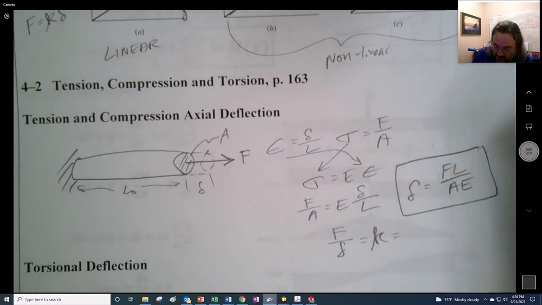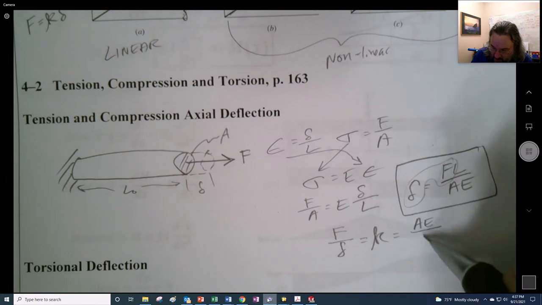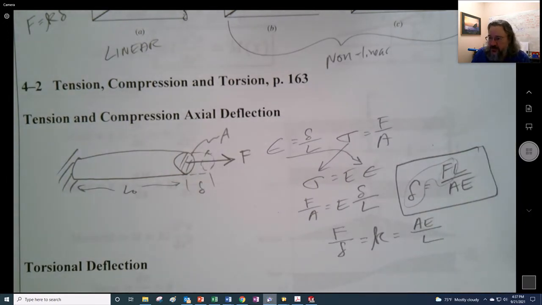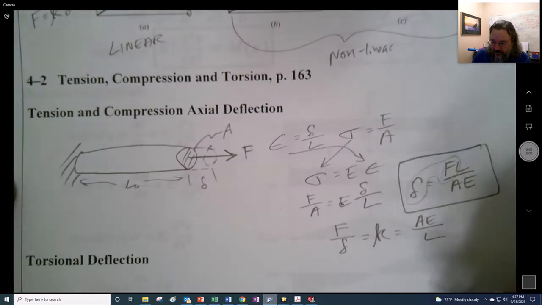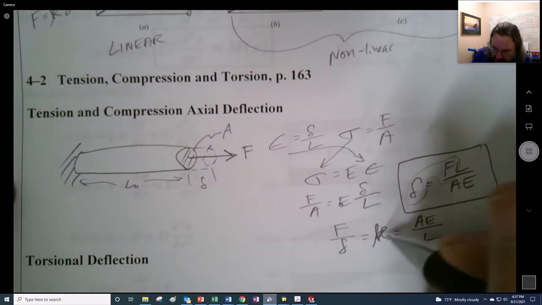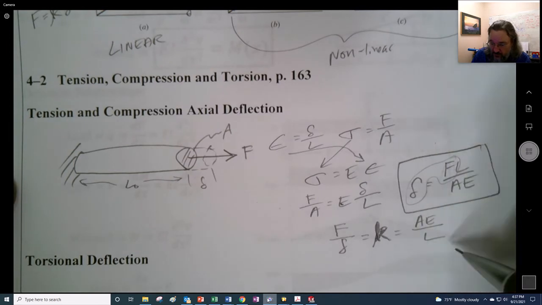That's a k. So we take these two, and we find that k is AE over L. I've done this in a previous class because it's a good, simple scenario to keep in mind and use as a foundation for remembering these concepts for a spring rate.